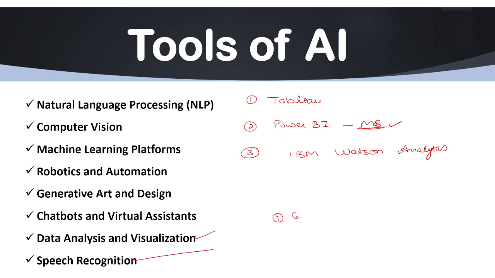Under this we have first Google Speech to Text, in which we speak something and it gets typed in text format, converting audio into text. Another is Microsoft Azure Speech Service, that is speech recognition and synthesis. Third we have is IBM Watson Speech to Text.